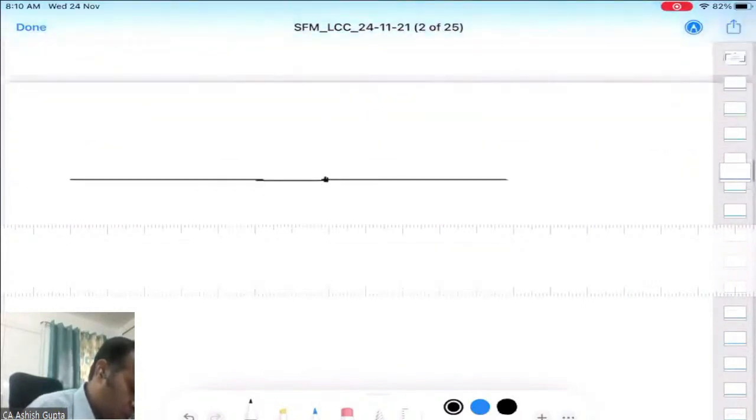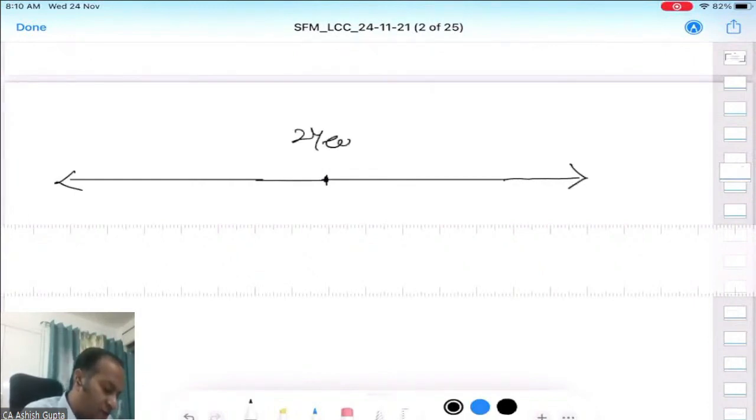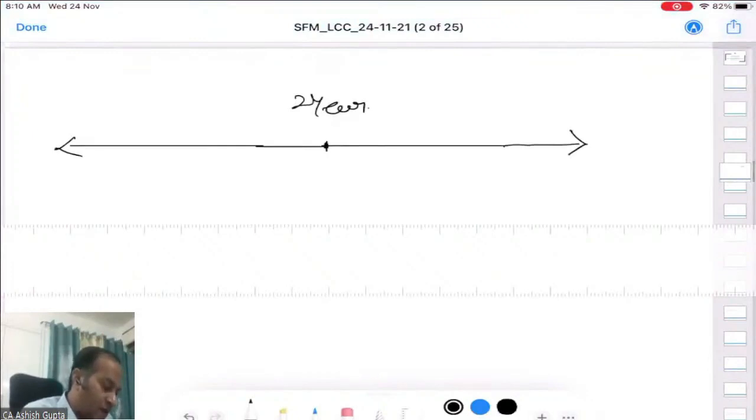Now, students, see here. Now here the period is 2 years. Okay, this is a period of 2 years, and our investment horizon, I just write it here like that.